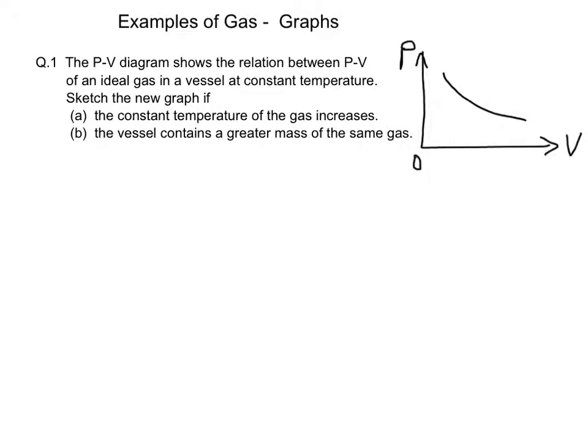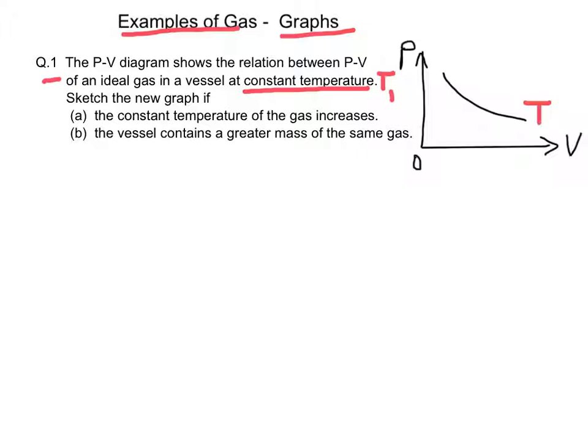Let's look at some examples of gas graphs. Now, read question number 1. Let the initial constant temperature of the gas be T1.